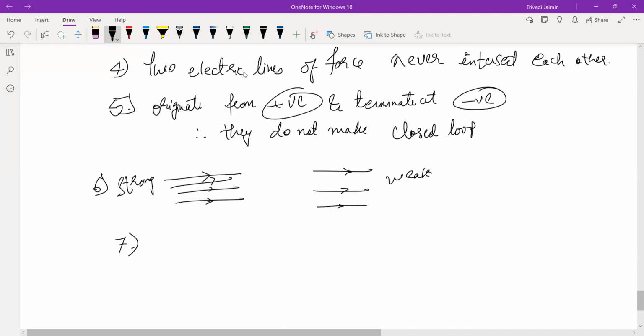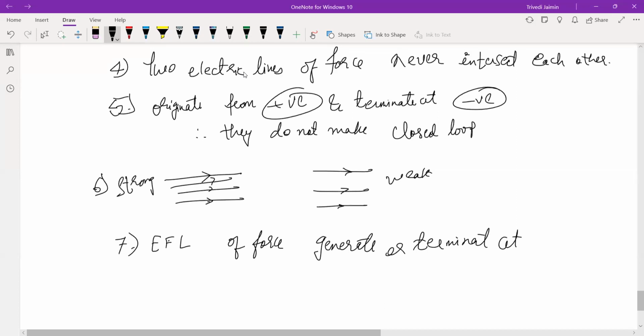In this one, electric field lines of force generate or terminate at charges or surface at right angles.